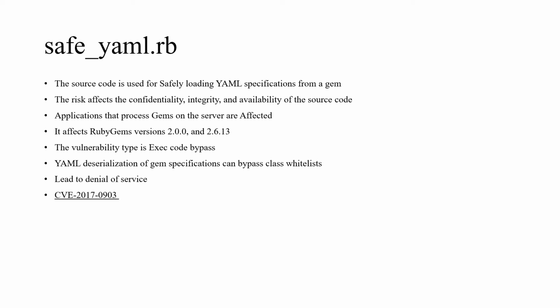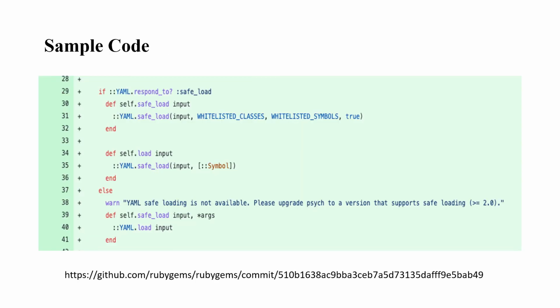This vulnerability was registered in CVE 2017-0903. This is the sample code that we found from GitHub that is used for loading YAML specifications.